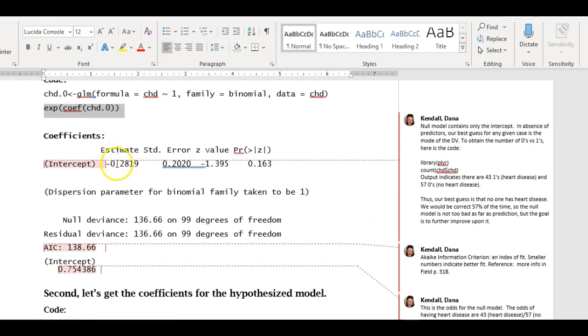Now, for these coefficients, this is not very helpful. This is just the intercept, by the way, and this is the number that would go into that predicted value of the DV. Remember, that is the proportion with the natural log, and then the exponents, the regression equation is in the exponents, and that's where this would go.